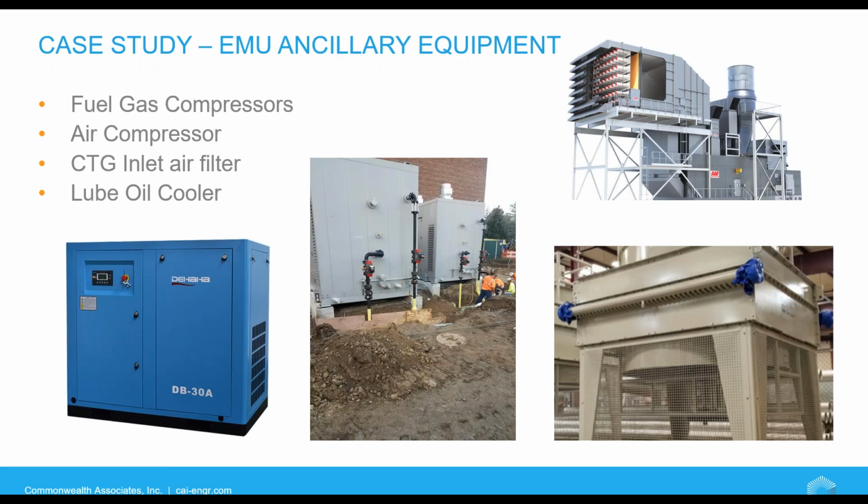So whether you're upgrading like Eastern did, or you're building a new CHP, the selection of the ancillary equipment is just as important. Since in most places, natural gas supply to site is at a lower pressure than is needed for CTGs, 100% redundant fuel gas compressors were installed on site. Similarly, the existing air compressors were undersized for a larger CTG, so new redundant air compressors were installed within the existing building.